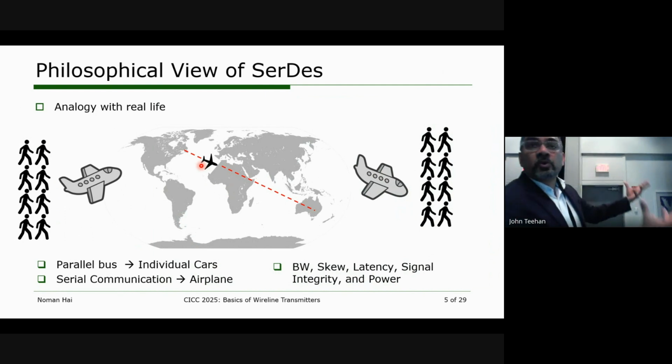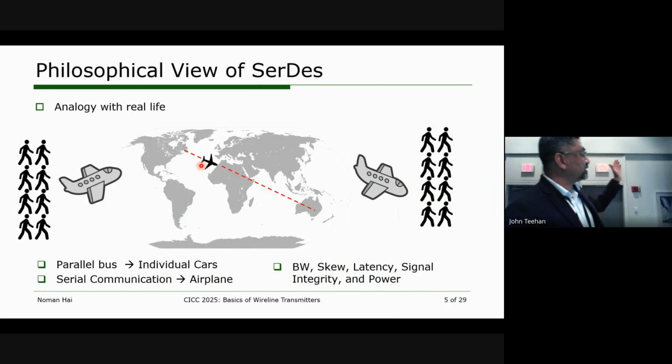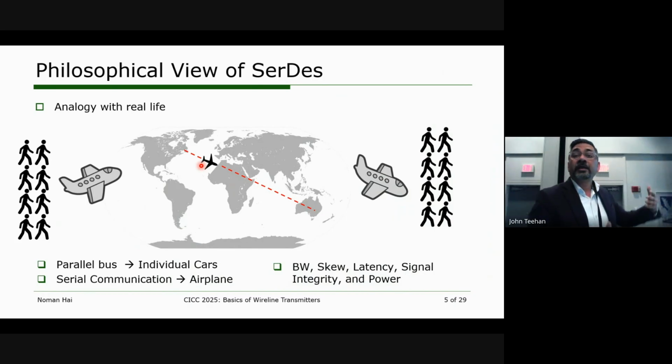That adds up to the latency time. So serial communication makes things easier, but it adds unnatural time. That's why all the big millionaires have jets, because they don't want to waste time on that latency as well.